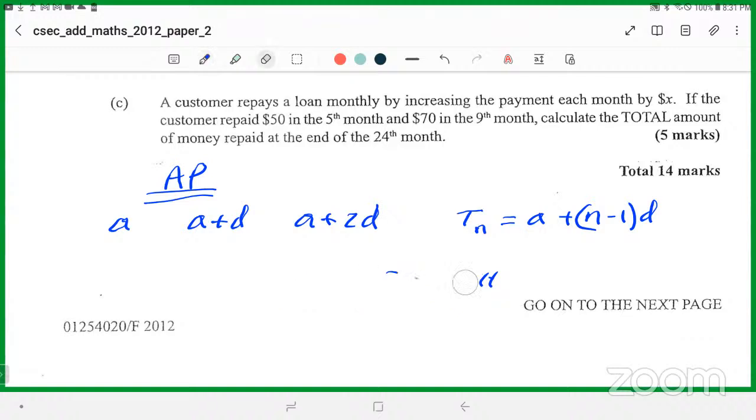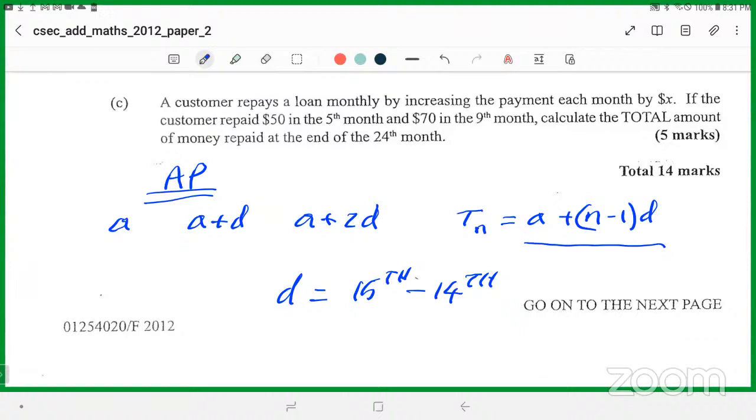Where you have Tn equals A plus N minus 1 D, this is the expression for the term. The N in N minus 1 is the same N as the one in T.